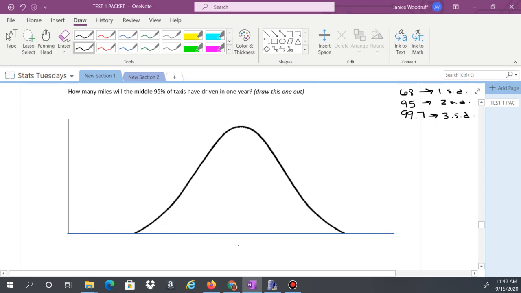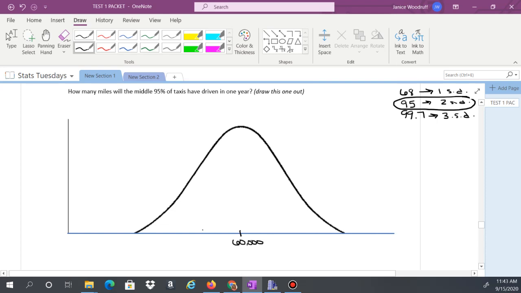All right, so the middle 95%, this is what we're looking for. 2 standard deviations. So you have the average is 60,000, so that's going to be right here. And then a standard deviation of 11,000.